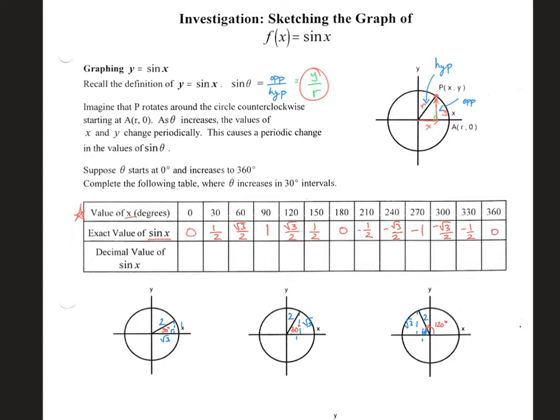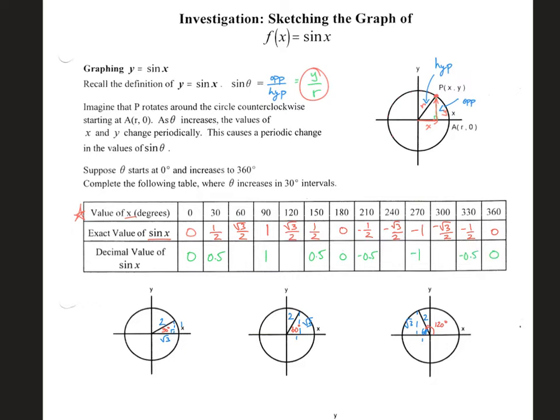So hopefully we went through and we matched up. All I'd like you to do now is take out your calculator and let's get some decimal approximates for those. We should be good that all of these values I would not need a calculator for.